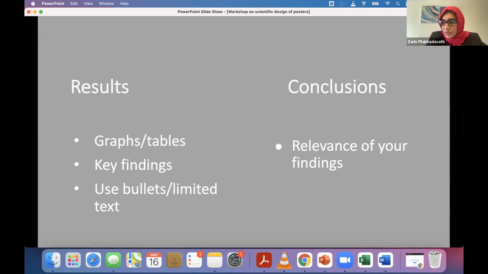Next would be the conclusion, which should include the main take-home message for the viewers. You can write down the relevance of your findings, what conclusions you drew, and the implication of your results. Just highlight the points, and then during discussion, you can take the viewers to the part they want.